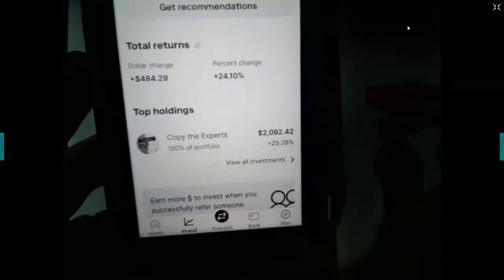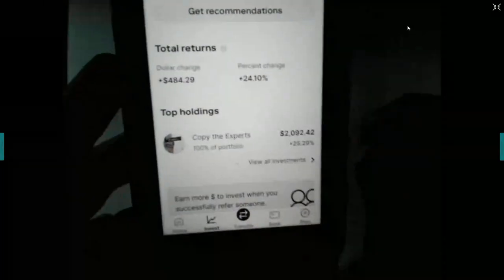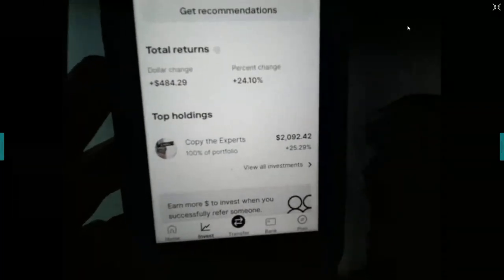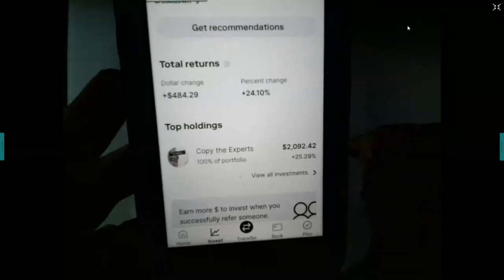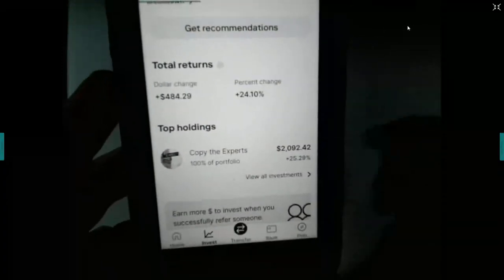If you can just imagine for a moment what 25.29% is like, that's a significant amount of money. And you know what I deposited in this account? I deposited $10 a month into this account. That's how much it increased. So I'm telling you, it is absolutely worth doing.